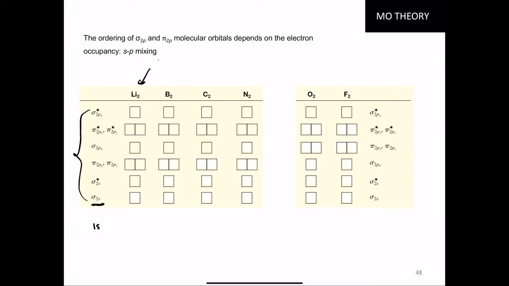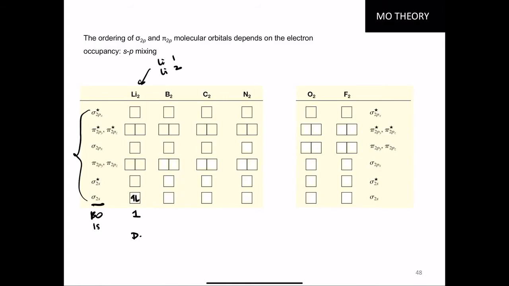It has 1, so dilithium should have 2. So I put them in here. Should we calculate this stuff as we go? Yeah, let's do it. So what's the bond order? Bond order will be 2 minus 0 divided by 2, a bond order of 1. So probably what you should do is pause me and fill this all out yourself, and then come back and we'll double check. And it'll also be diamagnetic. So you did it right.